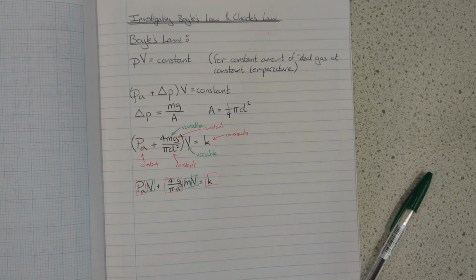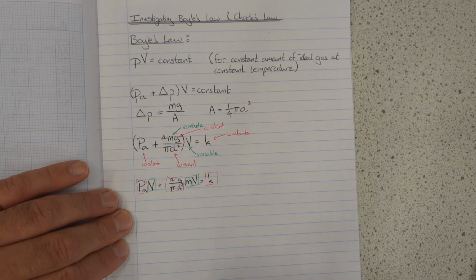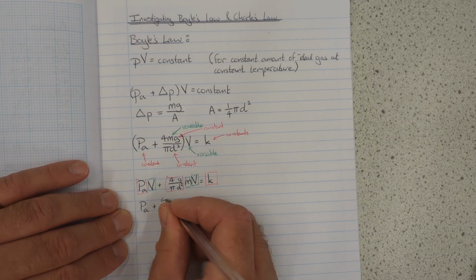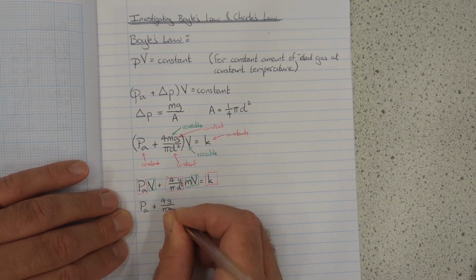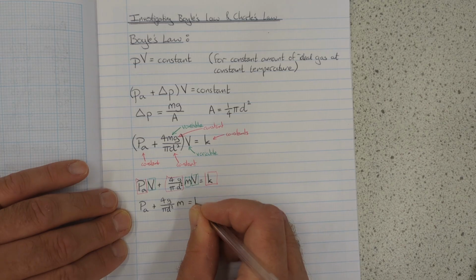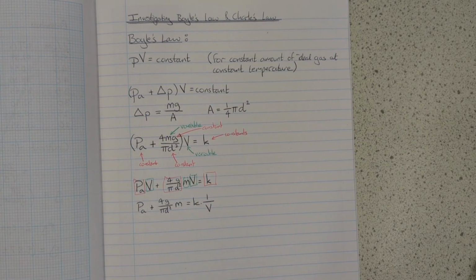So it's not quite in the right form, but if I divide through by my volume, then I end up with PA plus 4g over pi d squared m is equal to k multiplied by 1 over v. And I've written it like that for a good reason that you'll see in a bit.